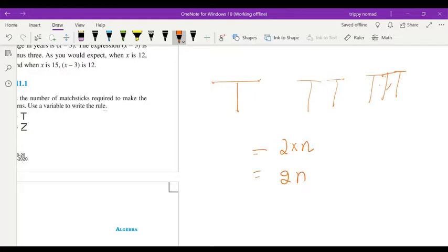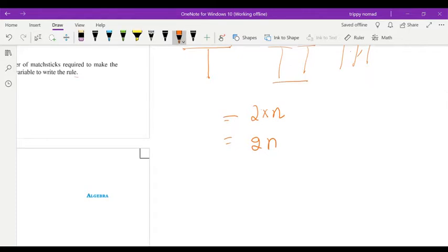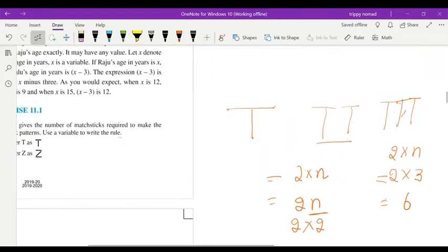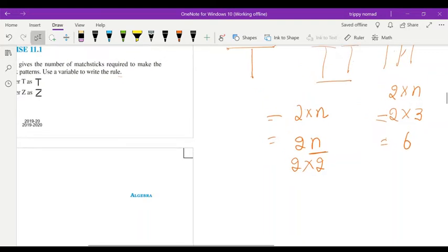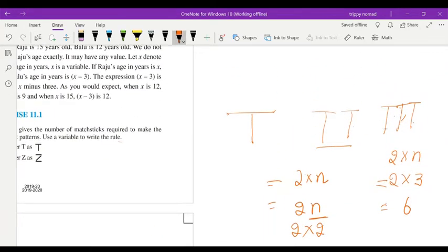Suppose you want to make 2 T's, then you will put the value of n as 2, that means 4 matchsticks are required. And suppose you want to make 3 T's, then in the 2n formula, instead of n you will put 3. You count here 1, 2, 3, 4, 5, 6.